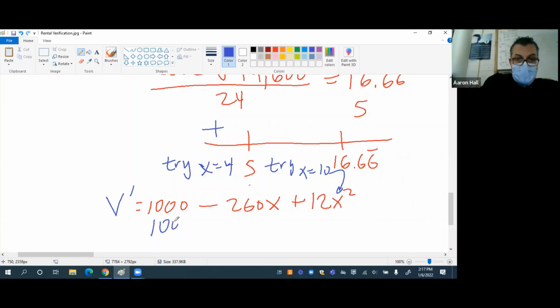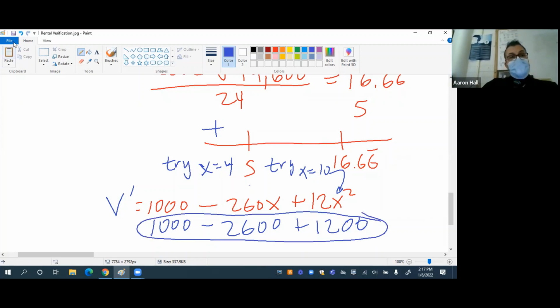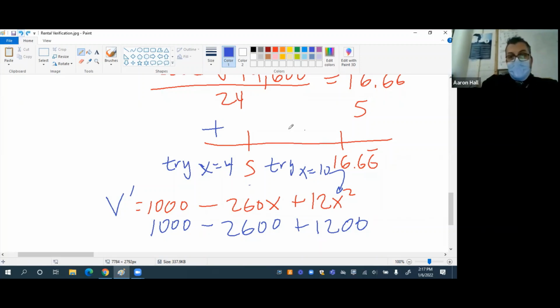If I plug in 10, 10 squared is 100. Does that look right? So is this positive or negative? It's negative. And then something over here.